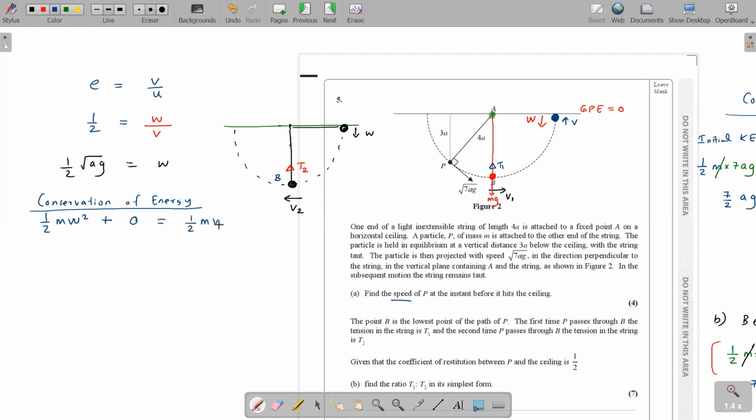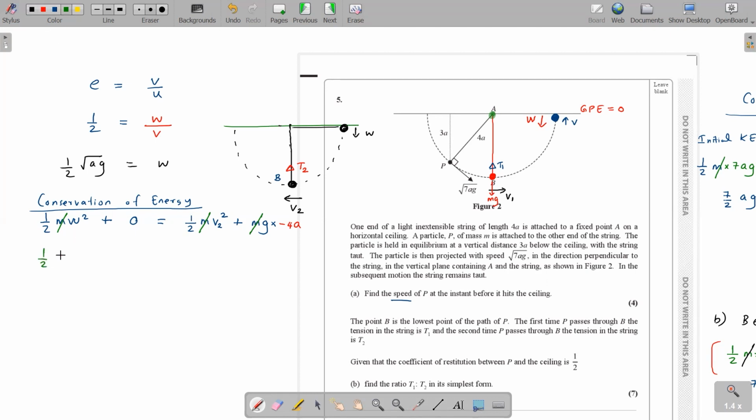At the bottom, what do we have? Kinetic energy, half m V2 square. And what about mgh? We have it, right? Mg into what? What's the height? Minus 4a. Remember, it's minus because we are below our GP 0 level. M is common to everyone, so remove the M. We have W square here.